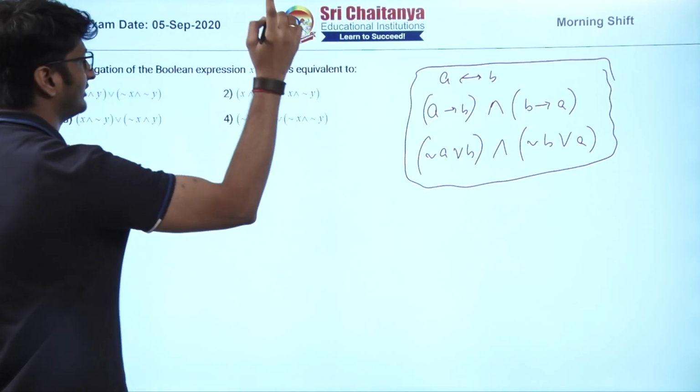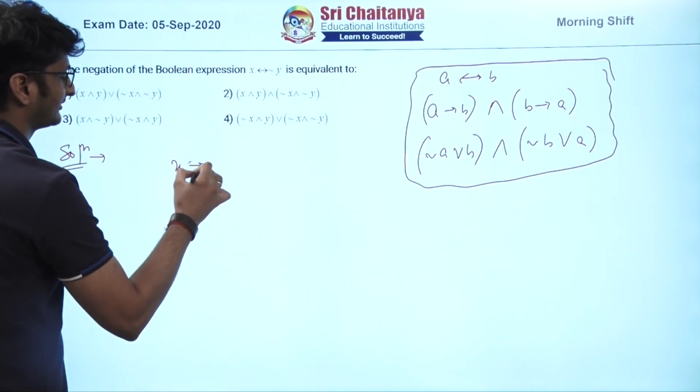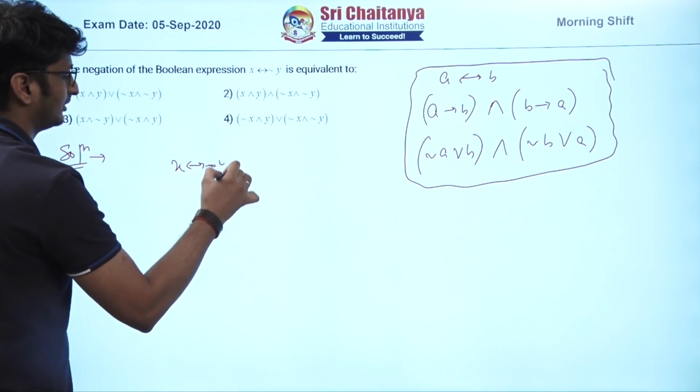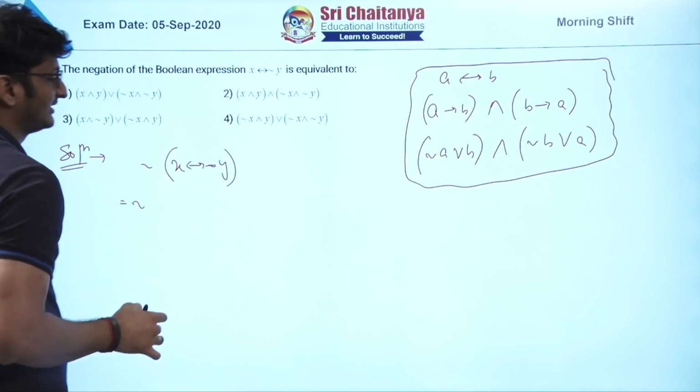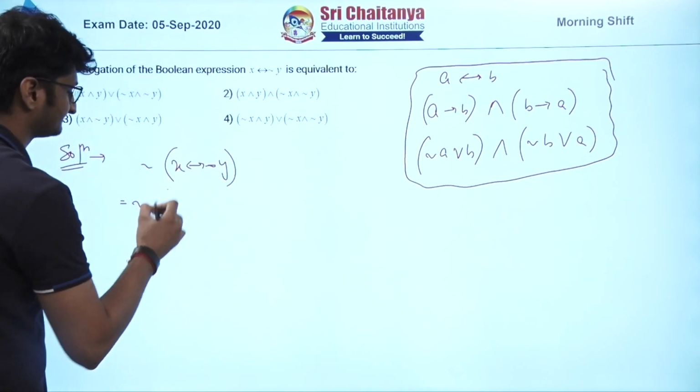Negation of this statement is equivalent to what? X double implies negation of Y, negation of this. Let us simplify whatever is inside the bracket.